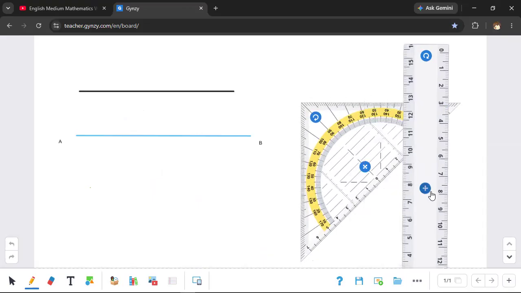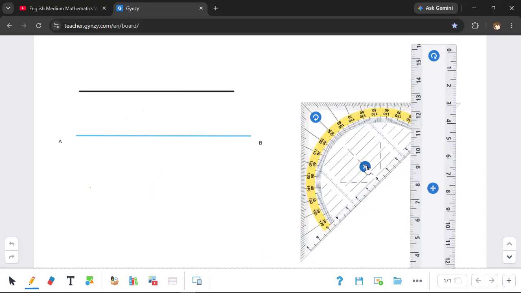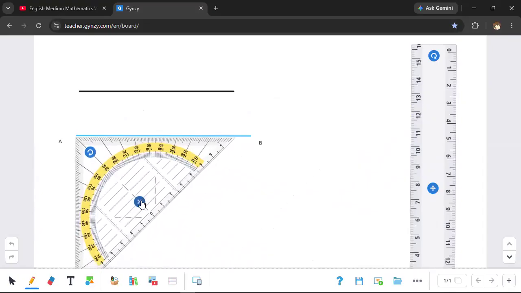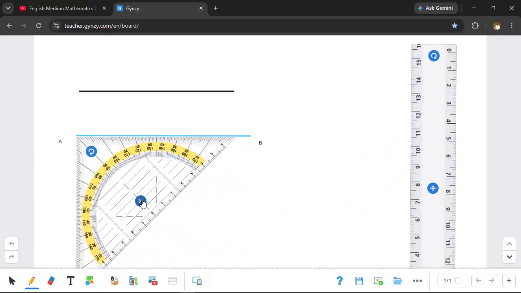So if I remind you of the thing again, right? Take the set ruler and place it on the AB line like this, so that they coincide with each other.